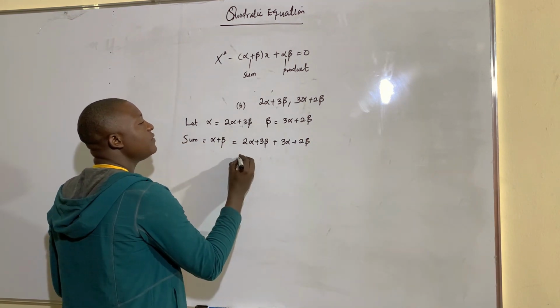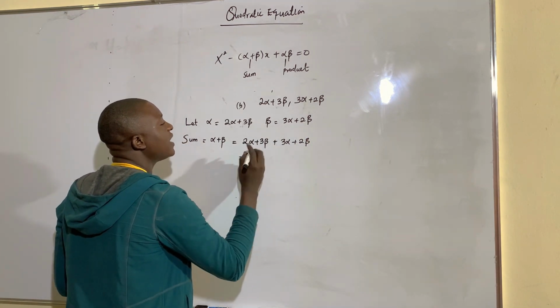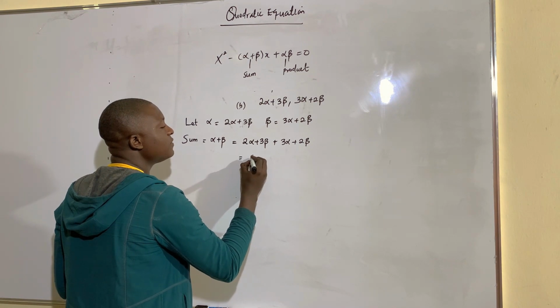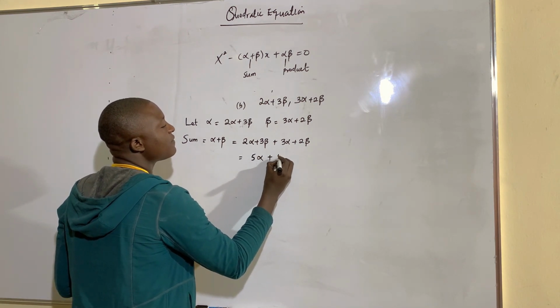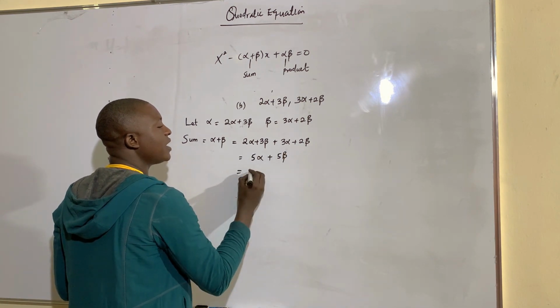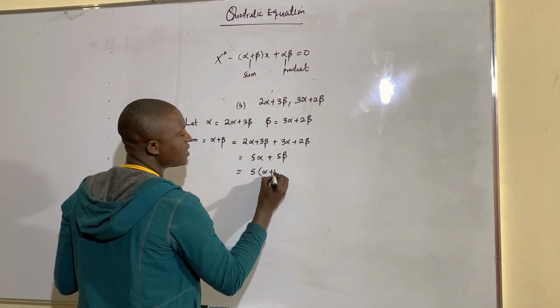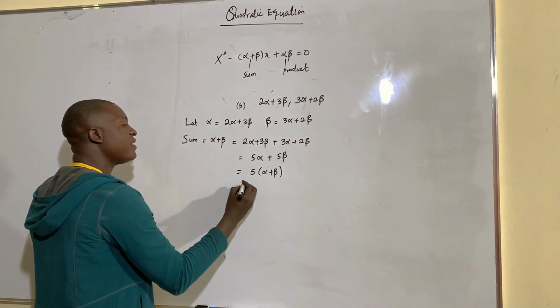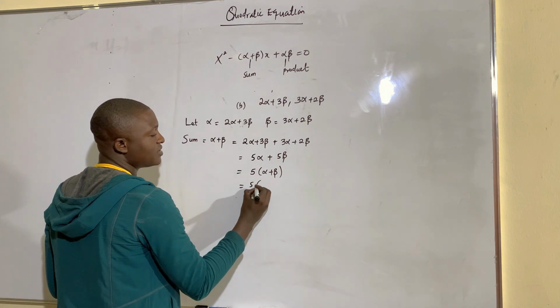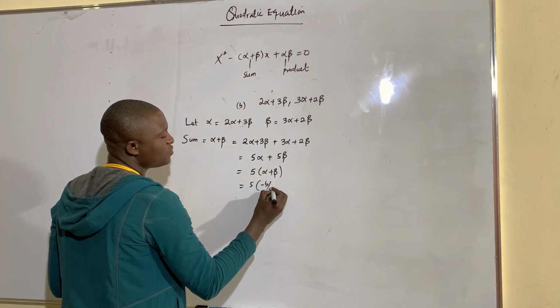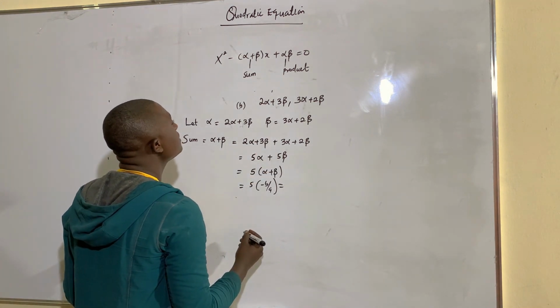If you add them, 2 alpha plus 3 alpha, you have 5 alpha plus 5 beta. If I factorize 5(alpha plus beta), you can see I have alpha plus beta, which is as usual minus b over a, which we have gotten already.